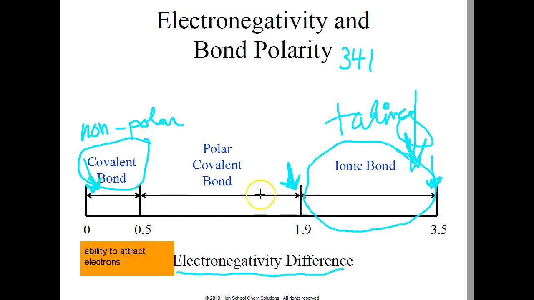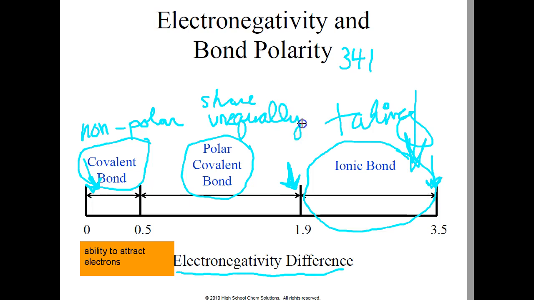If their difference is medium, which is what we see in this area, then they're going to share unequally. So they're sharing, but they're not sharing equally. One of the elements is going to kind of hog the electron, but it's not quite going to take it. Okay, sharing unequally is polar. And then under nonpolar, if they have very little difference, they are going to share equally.